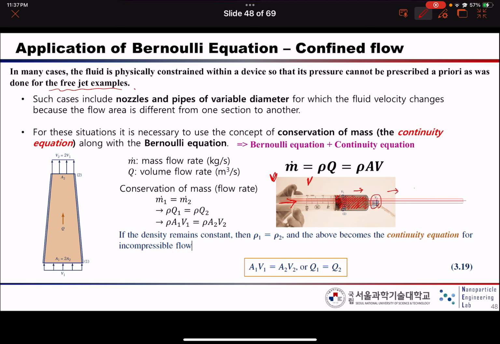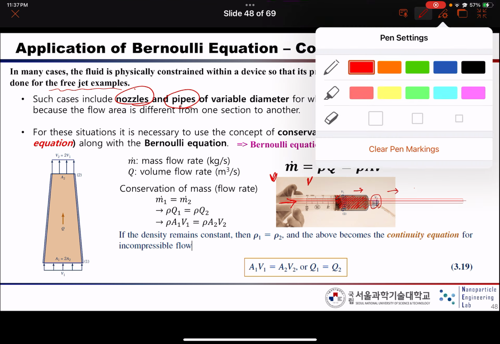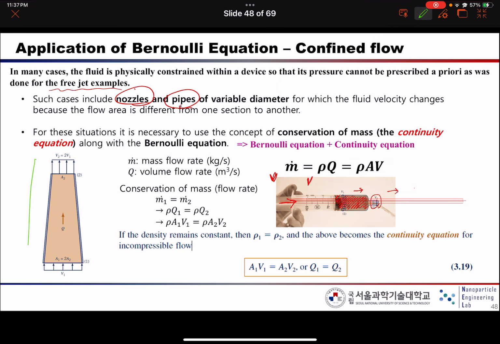Okay, such cases include a nozzle or pipe of variable diameter. So here and here have different diameters. The fluid velocity changes because the area is different from one section to another. This is very obvious: this is small and this is big.